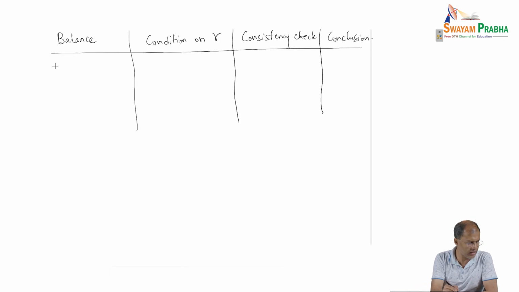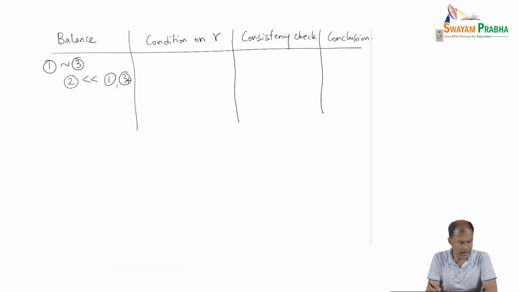So in the first case we tried to balance term number 1 with 3, assuming that term number 2 was of order much less than either 1 or 3, and what we found was the condition on gamma came out to be 1 plus 2 gamma is 0, or gamma was minus half.